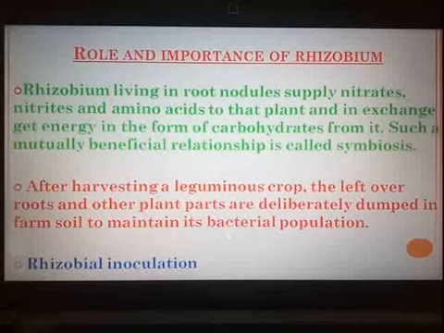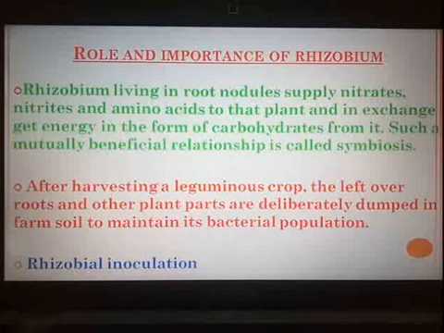Also, we saw one topic, rhizobial inoculation, where nowadays seeds are coated with rhizobial solution or powder before sowing them. What happens due to this? After sowing, rhizobia enter the plantlets, which is known as rhizobial inoculation.